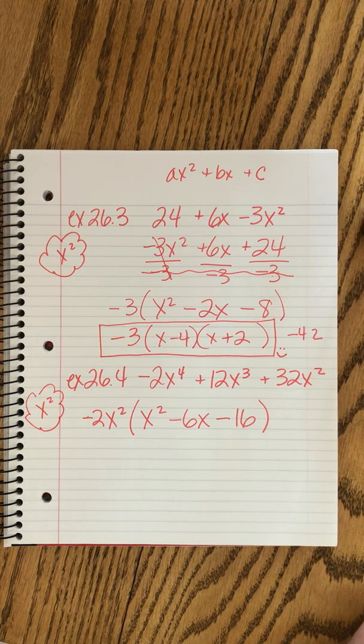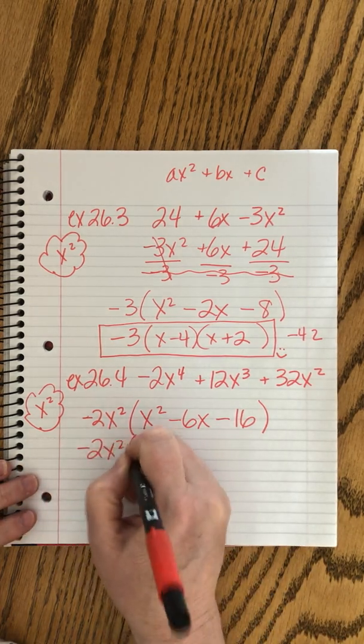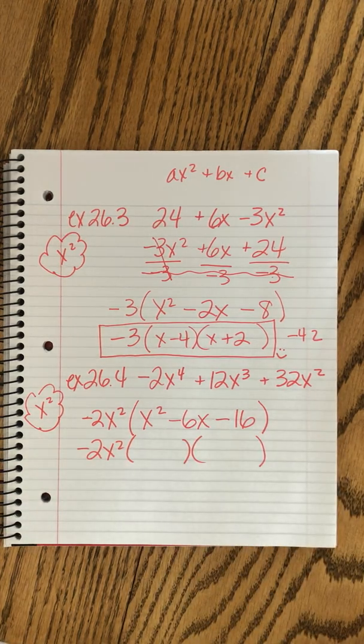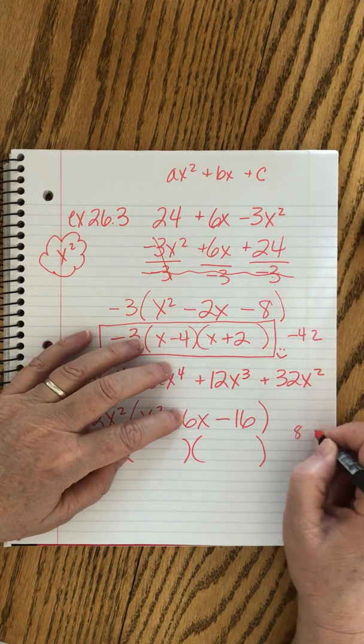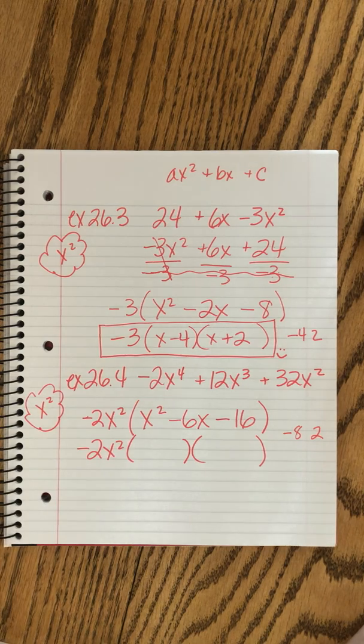I like that. Now, again, I just leave this 2x squared out here to mind its business, and I factor that part, same as always. Two numbers that multiply to that and add to that. Let's see, I think it's 8 and 2. And I think it's a minus 8 and a 2.